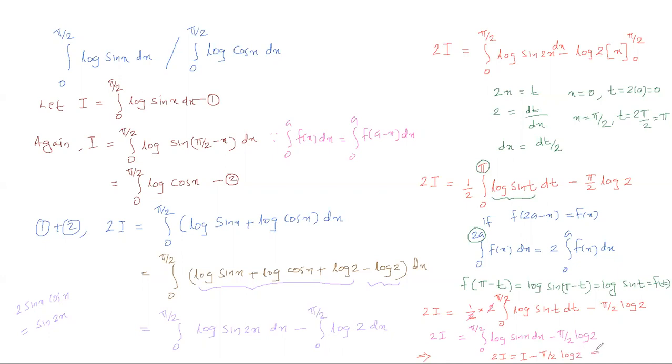The I on the right side comes to the left side, so that implies I is equal to minus pi by 2 log 2. So that's the answer. We got the value of integral 0 to pi by 2 log sin x dx, and likewise integral 0 to pi by 2 log cos x dx. The value is minus pi by 2 log 2. Did you understand?